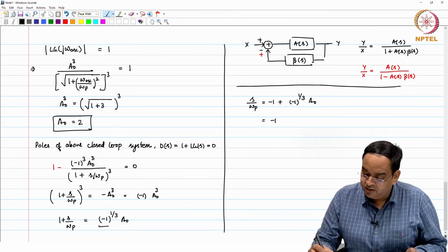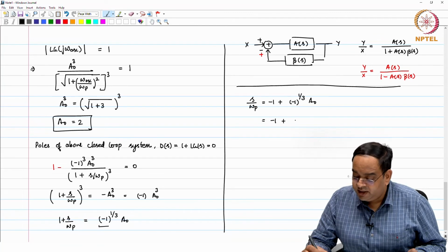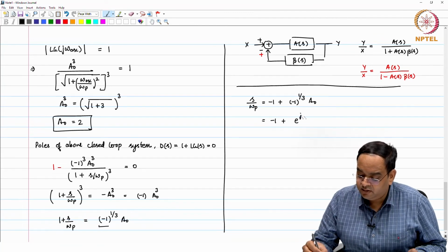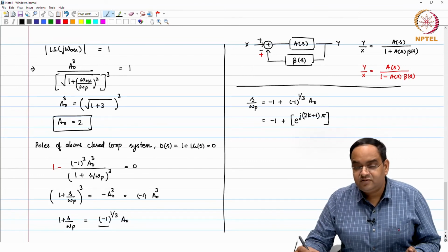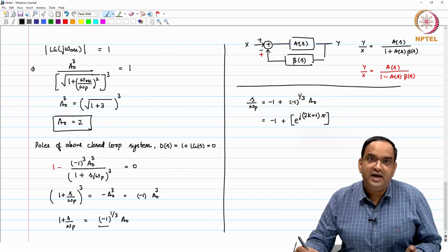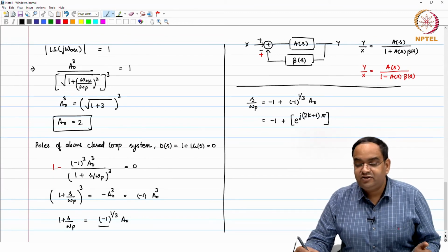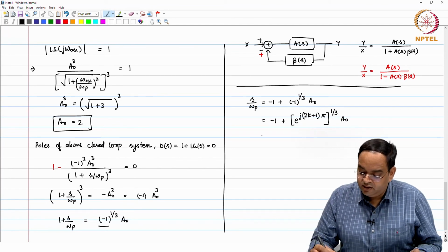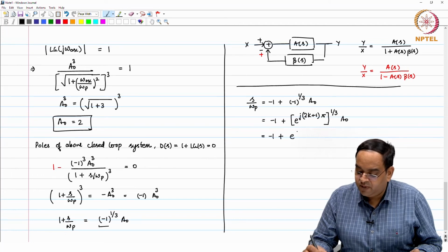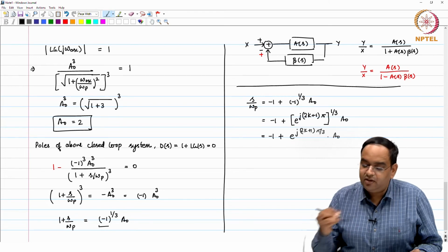So, this minus 1 for whom I have to take the cube root is e power j 2 k plus 1 pi. Okay, this is the complex number representing minus 1, because e power j 2 k plus 1 pi is equal to cosine of 2 k plus 1 pi and sine of 2 k plus 1 pi. Cosine is going to give you minus 1. This divided by 3 times A naught, and this becomes equal to e power j 2 k plus 1 pi by 3 times A naught.